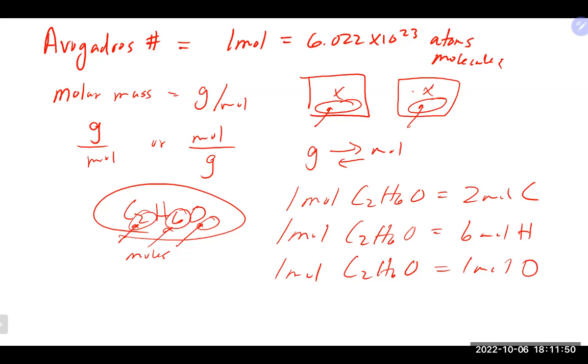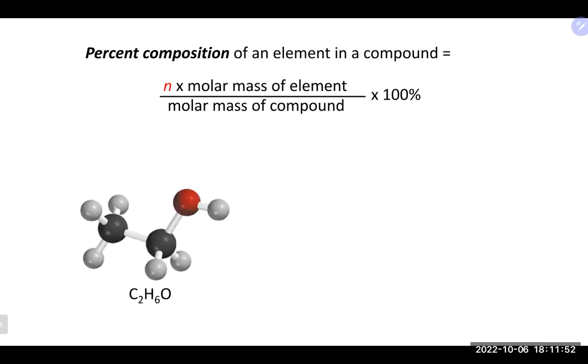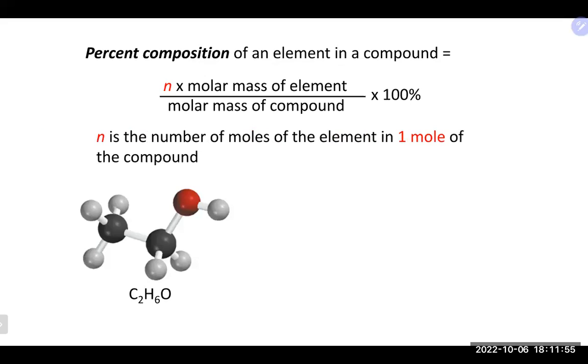Okay, so continuing on here, the next thing we're going to talk about is percent composition by mass. Percent composition by mass is where we take the mass of each individual element in a formula, divide it by the molar mass of the entire formula, and times it by 100. So for example, if we were going to do C2H6O, we could get the molar mass of the whole thing, which is 46.07 grams per mole, which we did previously.